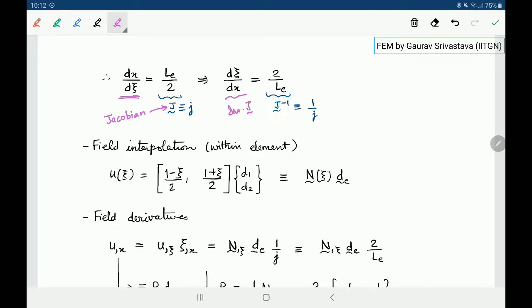Okay, and also that the determinant of the Jacobian is usually denoted by small letter j, and in this case, since this is 1D, the J matrix and its determinant are the same.